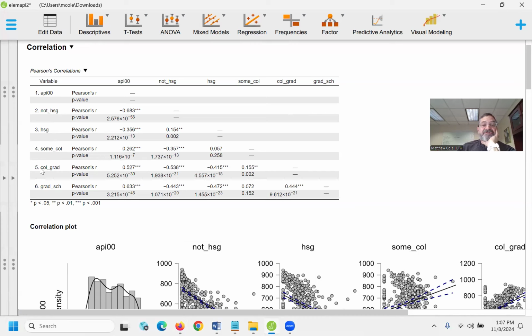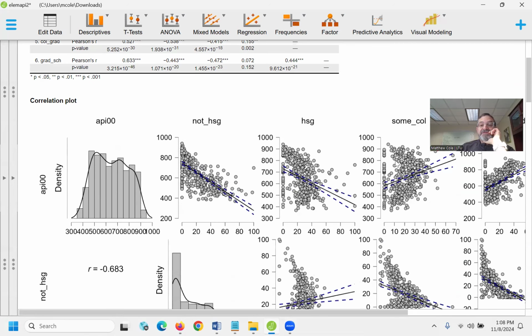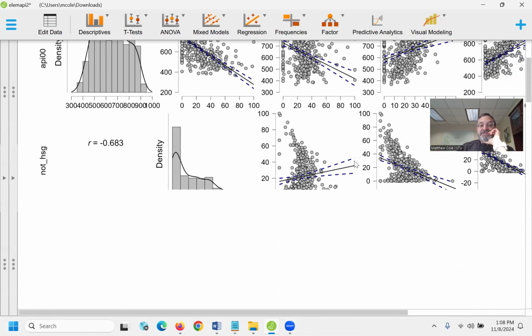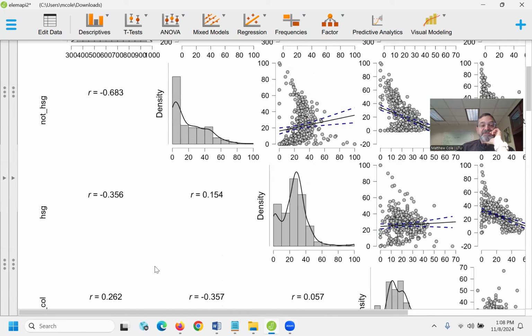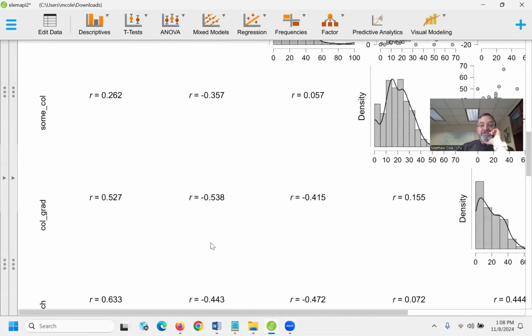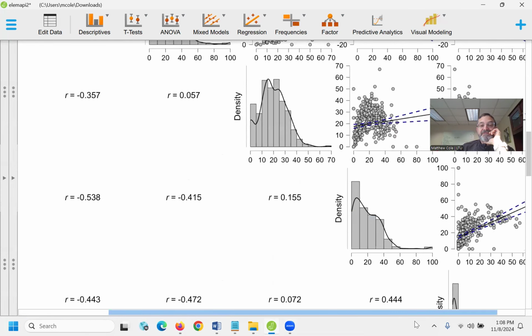As the percentage of parents who are college graduates increases, the correlation is even higher, and academic performance goes up. It goes up even more if they've had grad school. And then here are all of the fun visualizations. I love that it gives us this big correlation matrix visualization.